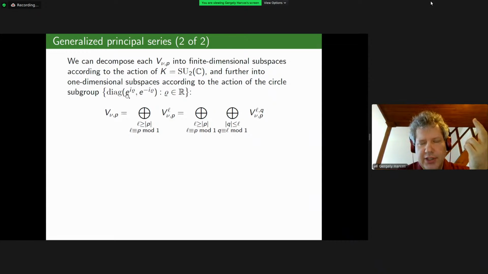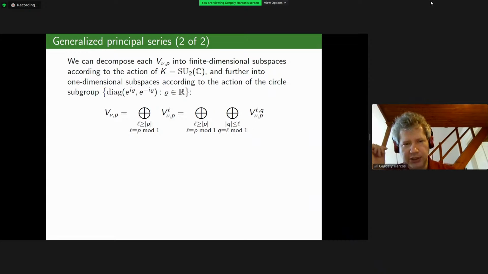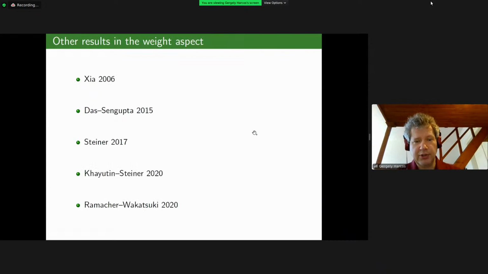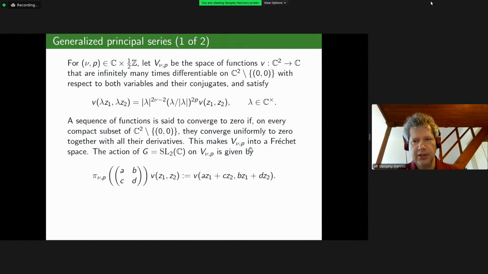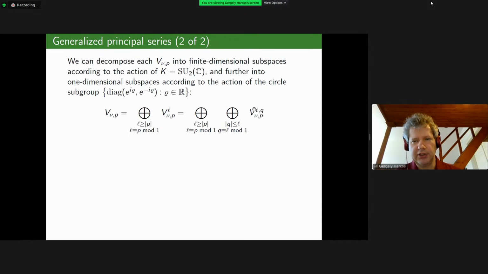So you raise this parameter to 2q, and q must run from minus L to L, and there are 2L plus 1 such integers or half integers. And then they really define these one-dimensional pieces for us. And so in our original problem, we are interested in a phi that spans this very one-dimensional piece. That's what we are interested in.